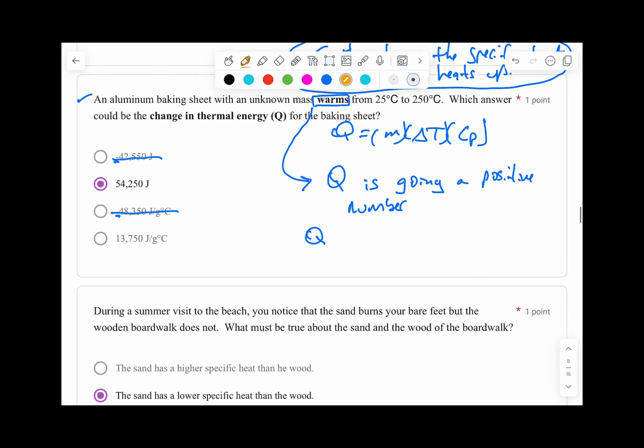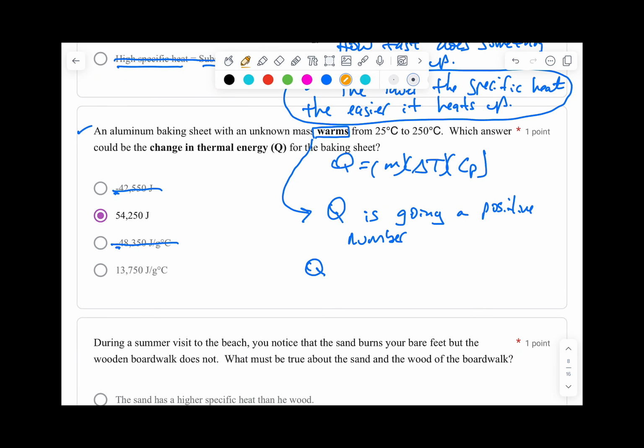As long as I know that Q is positive, that means warming. And as long as I understand that the final unit has to be joules, that's as far as I have to go. This one, the final unit is joules over grams degrees Celsius. That's actually a unit for specific heat, so that can't possibly be right either.